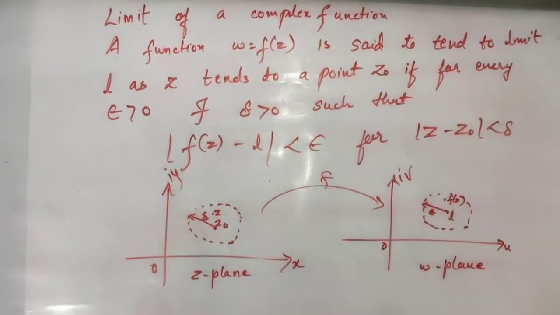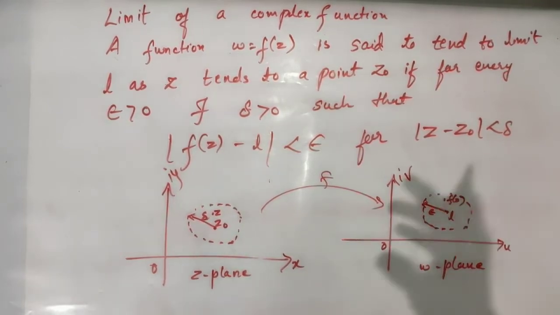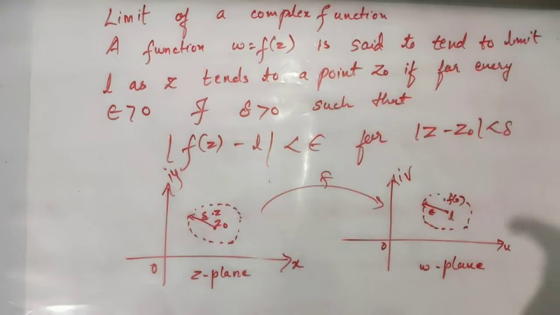So under this function f we have mapped the points from z plane to w plane. Now this function is said to tend to a limit L for every epsilon greater than 0 there exists delta greater than 0 such that the absolute value of f of z minus L is less than epsilon whenever you have absolute value of z minus z naught less than delta.